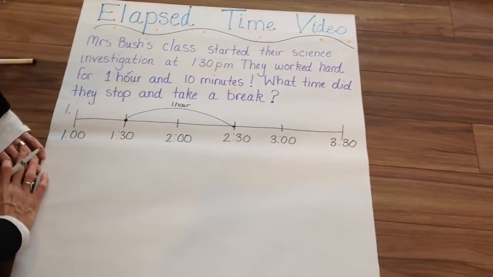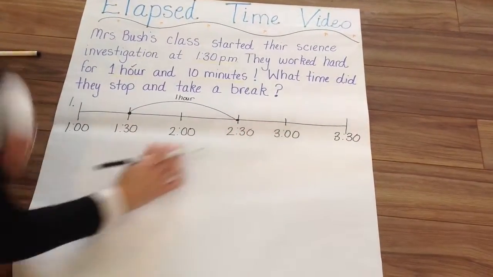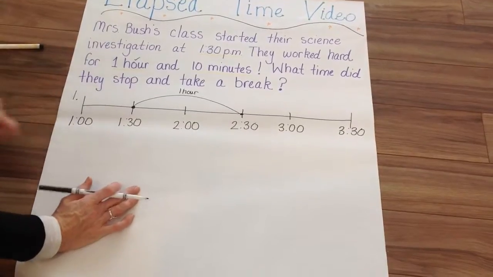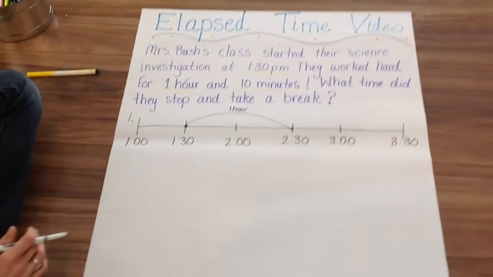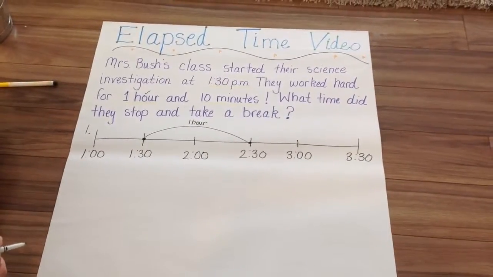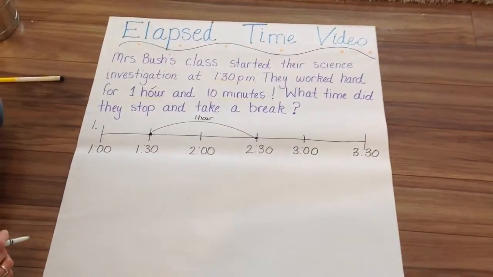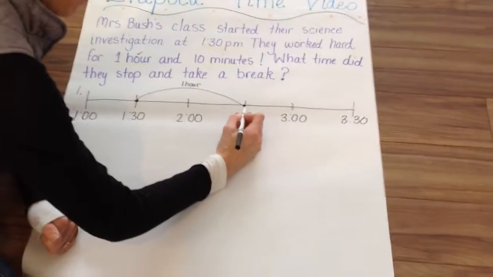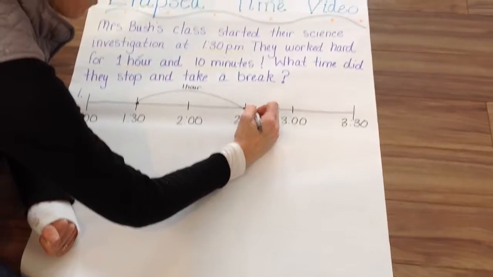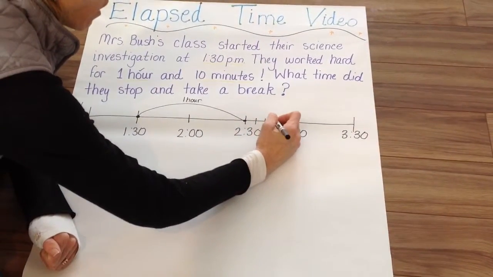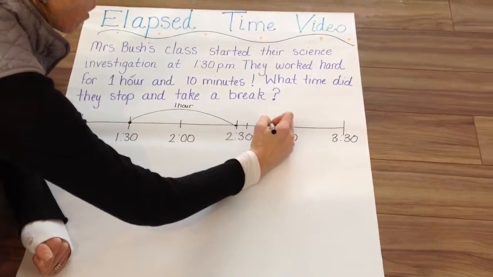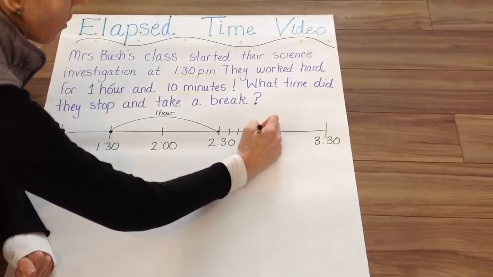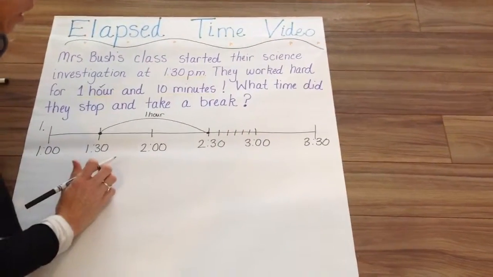To do the 10 minutes, we have to add smaller timing in here. And just like around the clock, we count by fives, we want to do the same thing on our timeline. So in order to do that, we have 2:30, 2:35, 2:40, 2:45, 2:50, 2:55, and then 3.